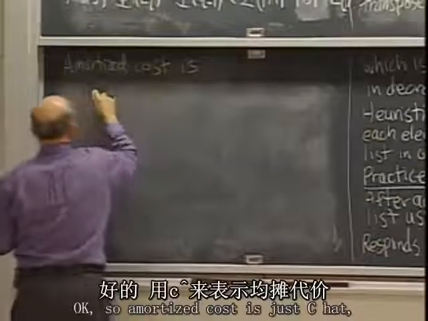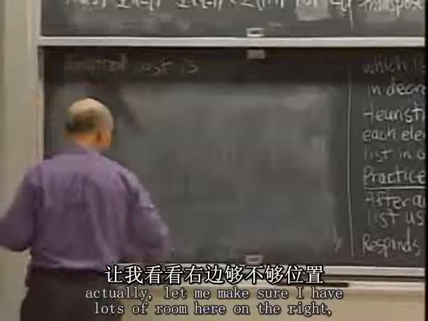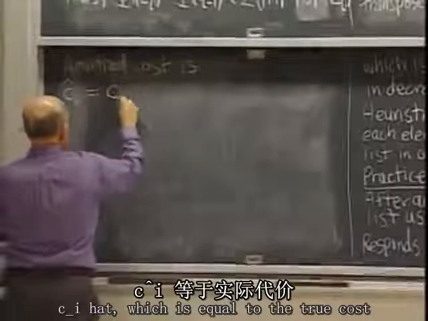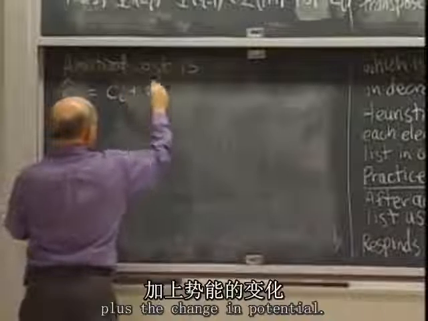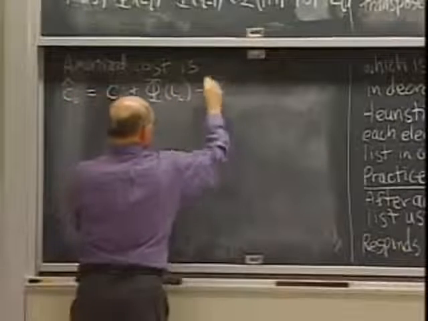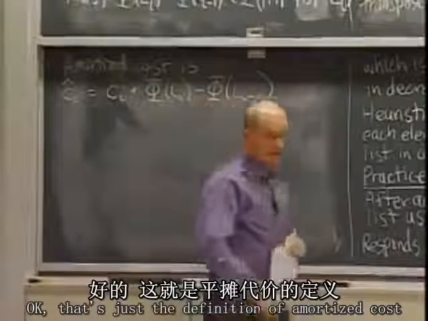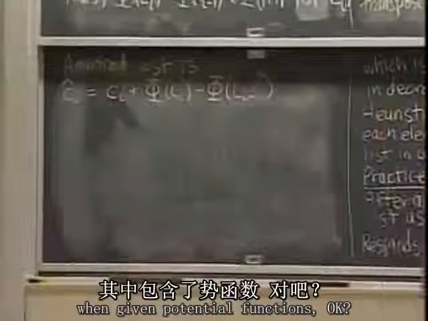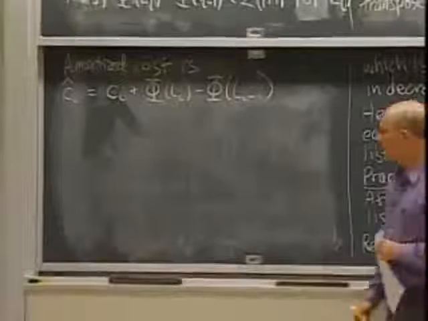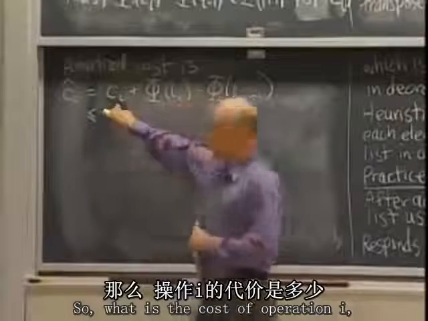Amortized cost is just c sub i hat, which is equal to the true cost plus the change in potential. That's just the definition of amortized cost when given potential functions. So, what is the cost of operation i?